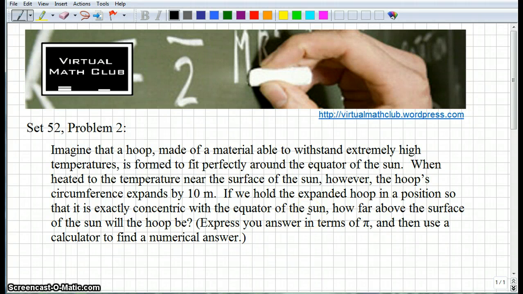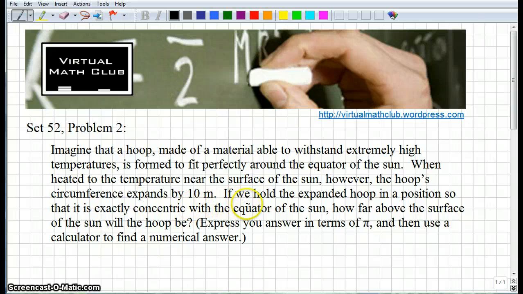Alright, in problem number 2, we're going to make a hoop that fits around the sun. And this hoop is made of some sort of incredible material that can withstand the heat of the sun. But when it's brought near the surface of the sun, the hoop expands by 10 meters.